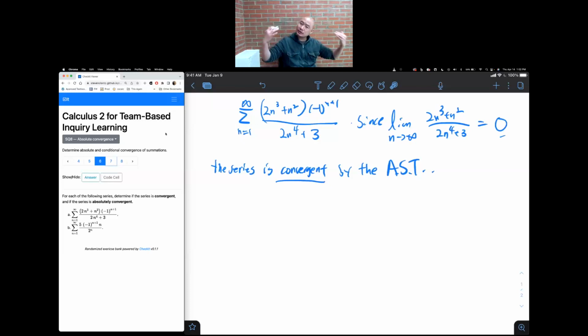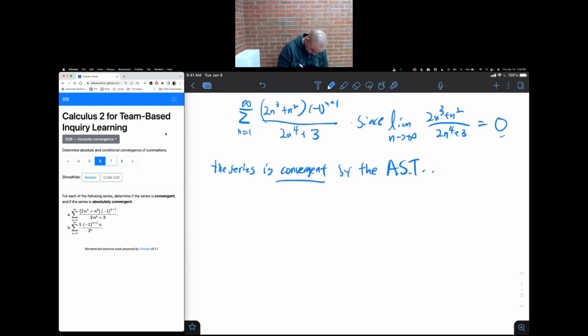And that starts to resemble 1 over n, right? Because we have a power in the denominator that's only 1 greater than the power in the numerator. And so it starts to look like a harmonic series which diverges. So our expectation should be that this series will diverge without the minus 1.